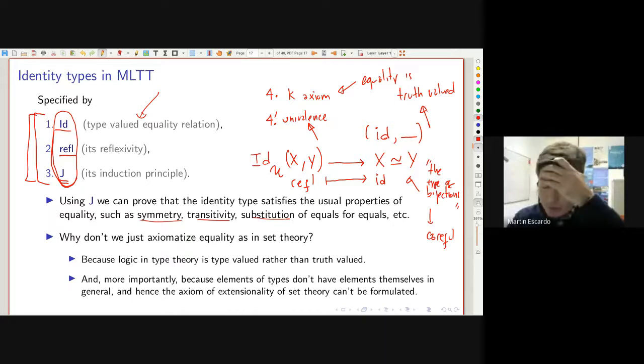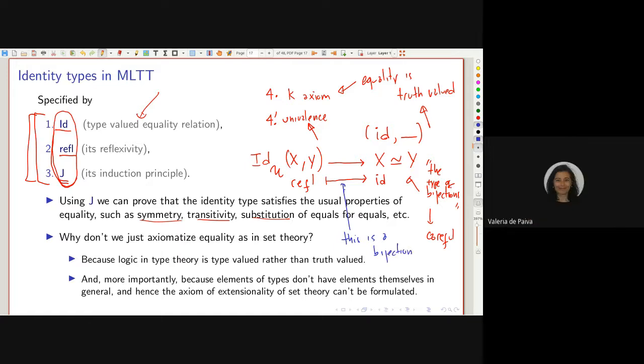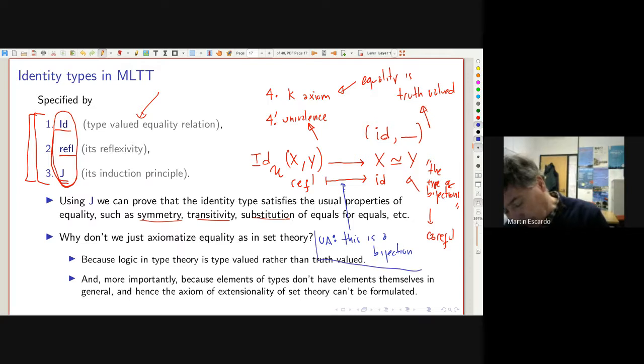So the univalence axiom says that this function itself is a bijection. Technically, you have to say equivalence, but think bijection, because I don't have time to define equivalence properly. And this is the univalence axiom. The univalence axiom says this is a bijection.